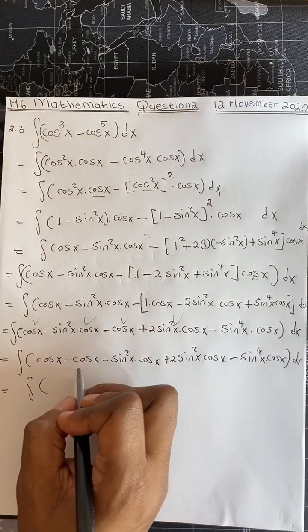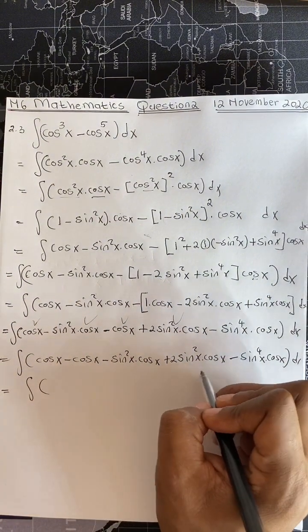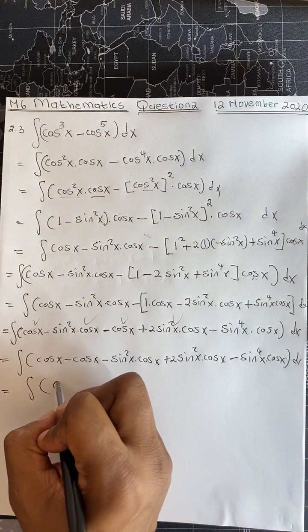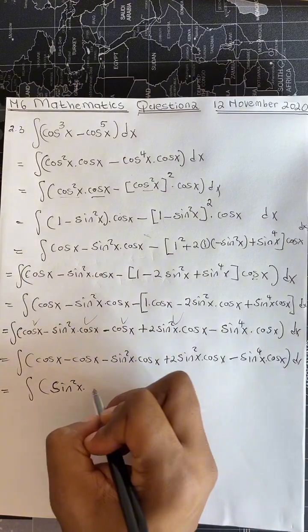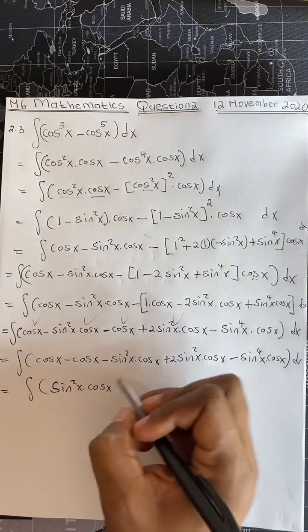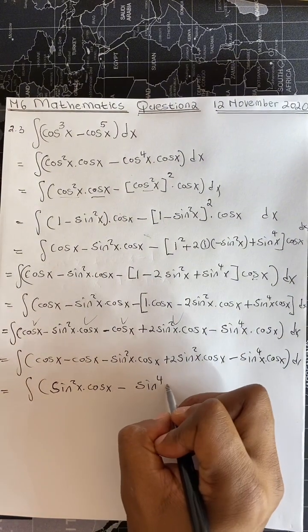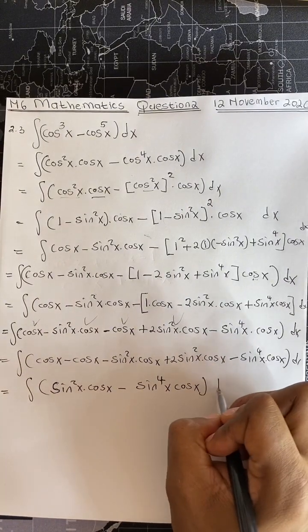So this cos x minus cos x will be 0. Negative sine squared cos x plus 2 sine squared cos x, so we'll be left with only 1 sine squared x positive, because that 2 is positive, cos x minus sine to the power 4 x cos x dx.